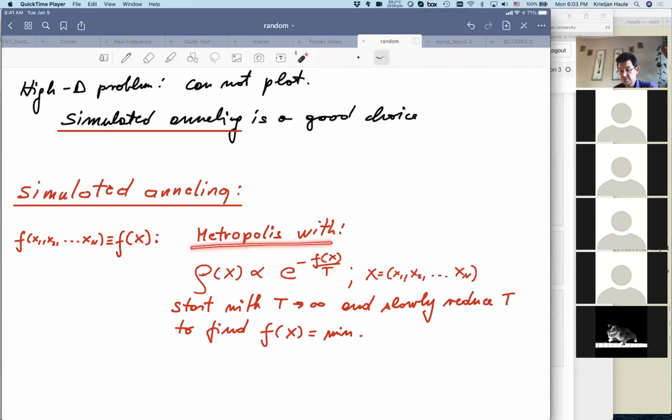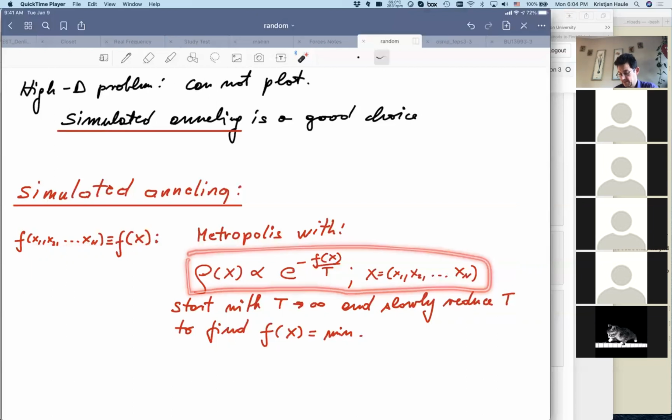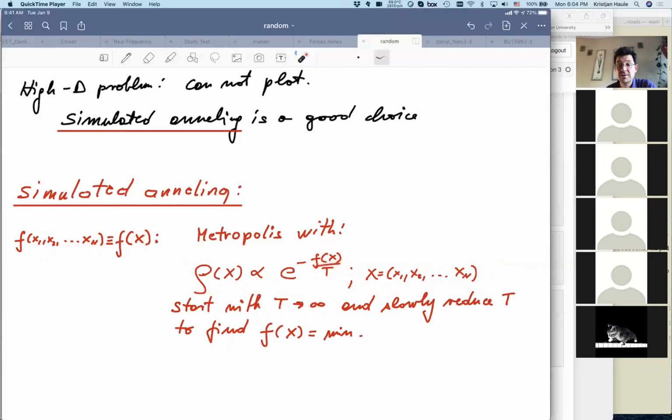So then what you do is you do a Metropolis random walk with probability distribution or density rho of x, which is Boltzmann, e to the minus f of x, where this f is now like energy. So we just declare this function to be our energy, and we use the Boltzmann distribution. That's all. We just use this as our weight in the Metropolis.